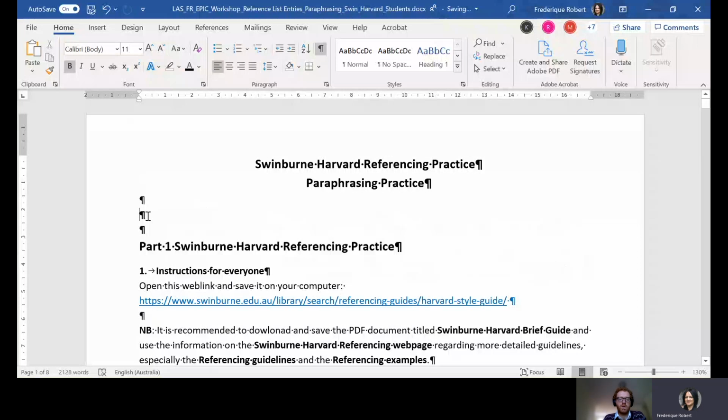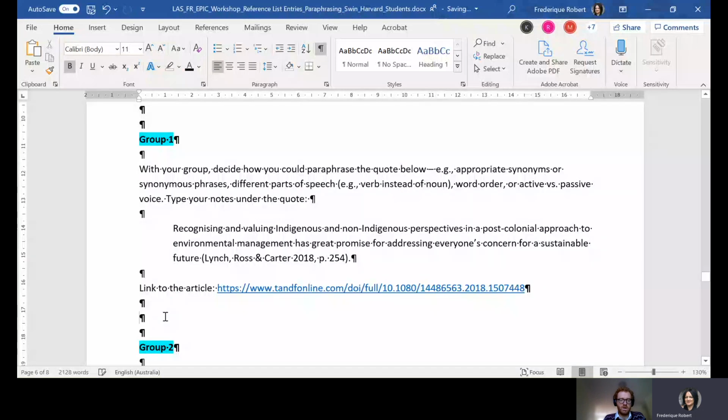Okay. I can't see much progress for this one. Do you think we could just ask them to reconvene, and then I'll ask them to send that to me or something like that? Yeah.